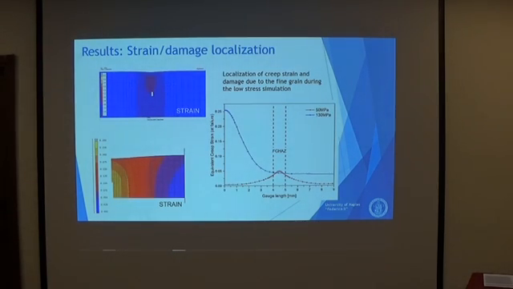Okay, here we can see the results. In the first contour plot is shown the creep strain accumulated at failure. You see a very localized creep strain, and like the creep strain there is also localized damage at failure. You see here some initial crack due to the localization of damage.